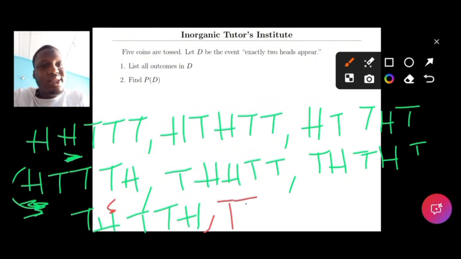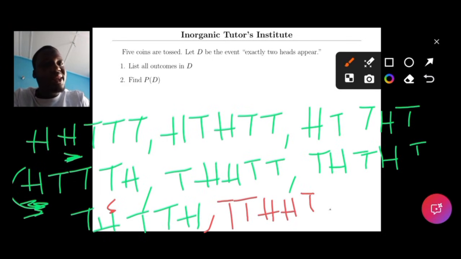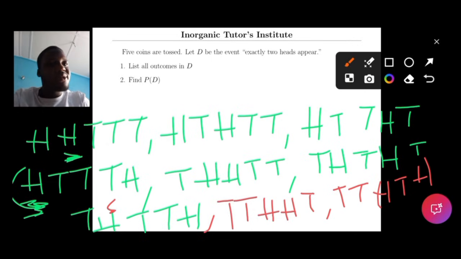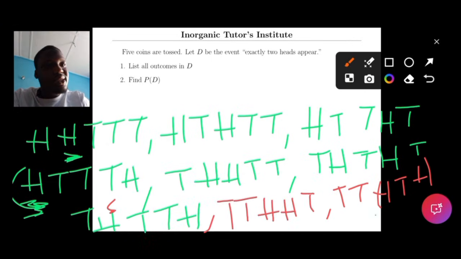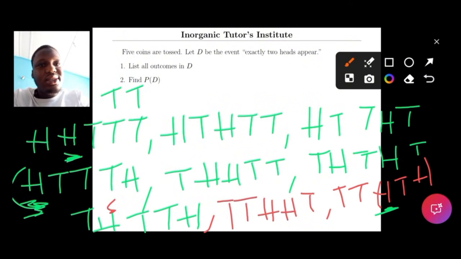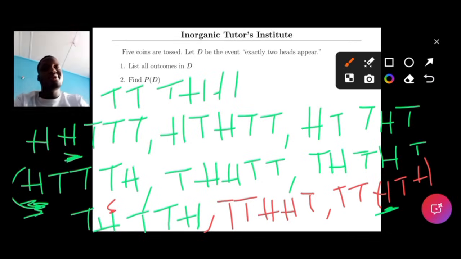So we have T, T, H. Then the floating H comes here and moves here. Then we have T, T, H, then T, H. Now we move this standing guy to the fourth position. So you have T, T, T, H. Then the floating guy follows.